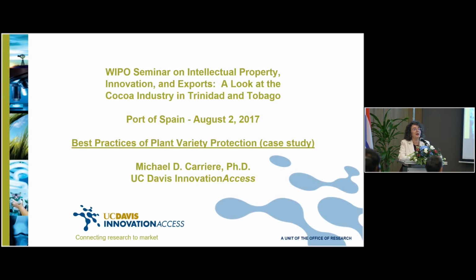Another example I would like to give is how in practice, understanding the role of plant variety protection and the licenses, the contracts that will be built to develop and commercialize those varieties. And how the royalty, the fee that is paid for having access to produce those varieties, plays a role in the strategy of a public university.